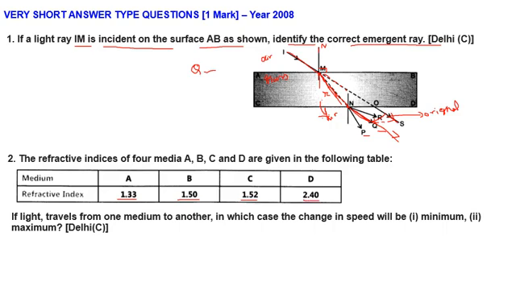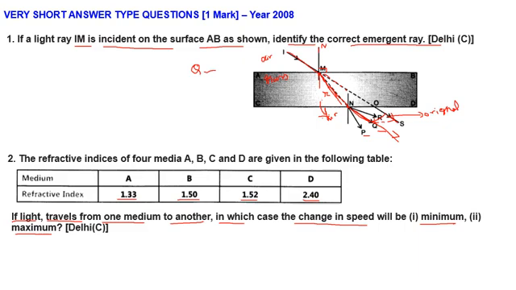The question asked over here is, if light travels from one medium to another, in which case will the change in the speed be minimum, and in which case will the change in speed be maximum?